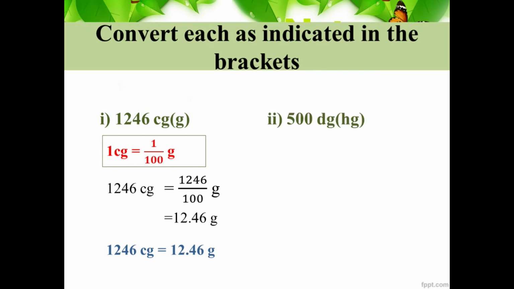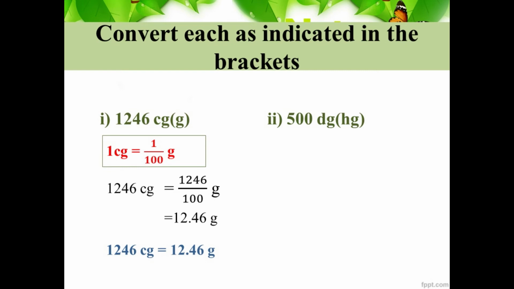Second question. 500 dg, in the bracket Hg. We have to convert dg to Hg. What is dg? Decigram. What is Hg? Hectogram. Here which one is greater unit? Hg is a greater unit. According to the chart I showed you, how many steps do we have to move from dg to Hg?